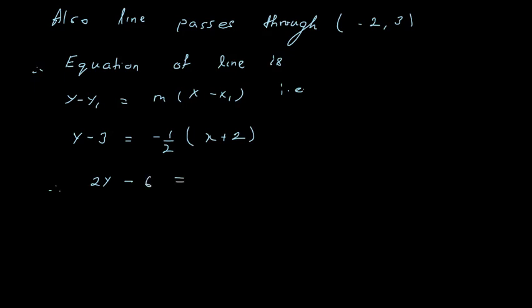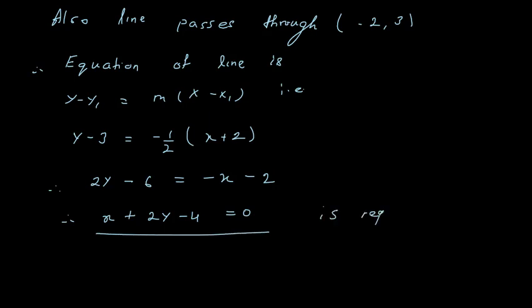Multiplying each term by 2, it will become 2y minus 6 is equal to minus x minus 2. So this minus x will come to the left side, and I have x plus 2y minus 4 is equal to 0. This is the required line.